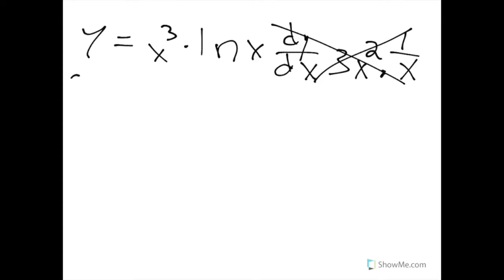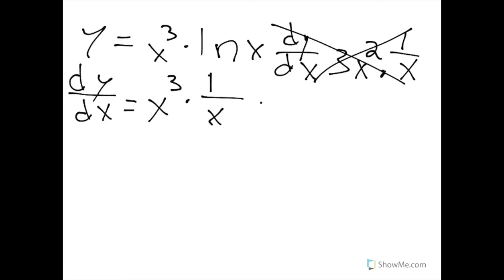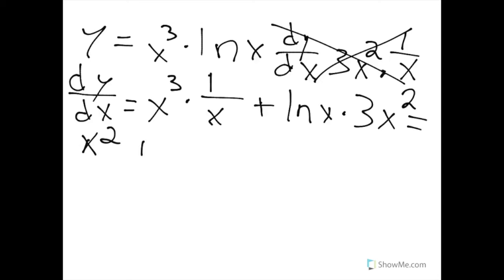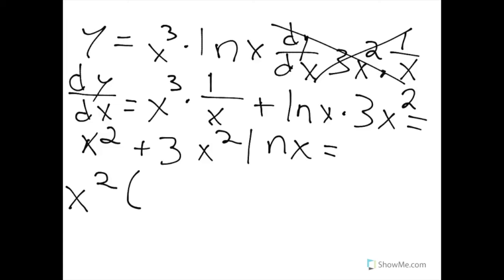Instead, we take the first term times the derivative of this second term plus the second term times the derivative of the first term. This is equal to x squared plus 3x squared ln x. If we want to simplify this further, we get x squared times 1 plus 3 ln of x.